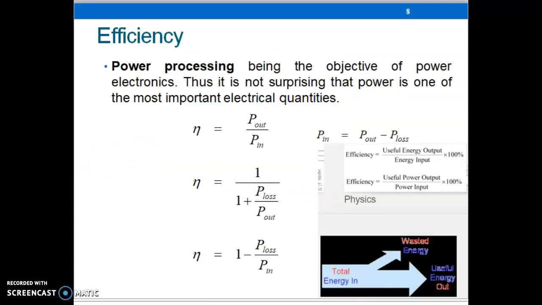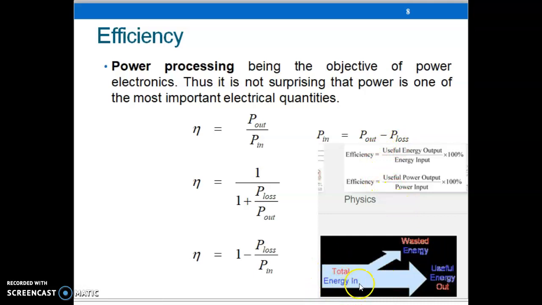So in a power processing system, the important characteristic of the power processor is that it should process, deliver, or convey the power from input to output with the lowest loss possible.